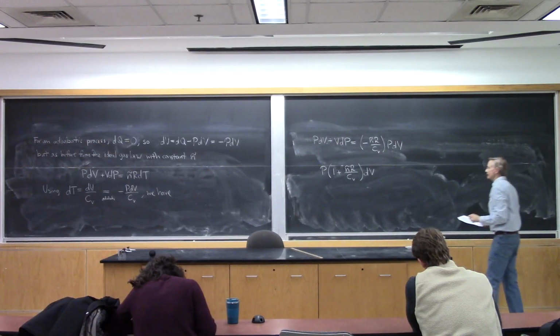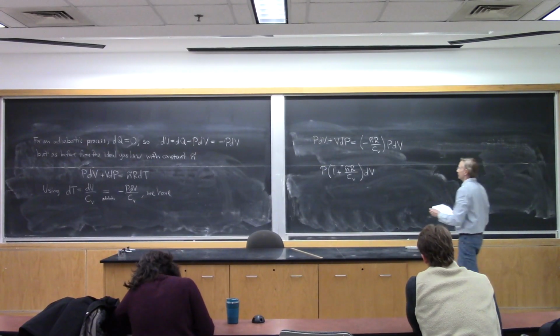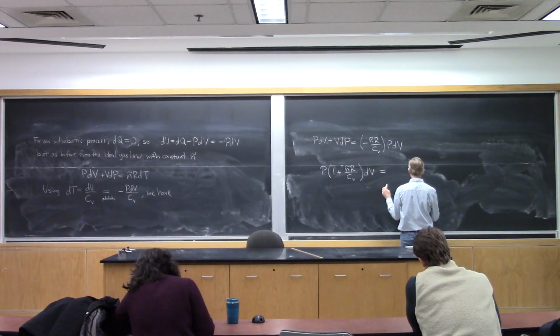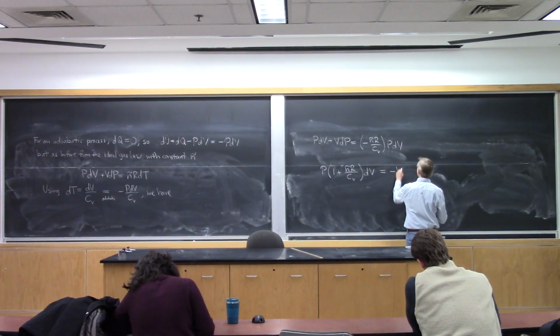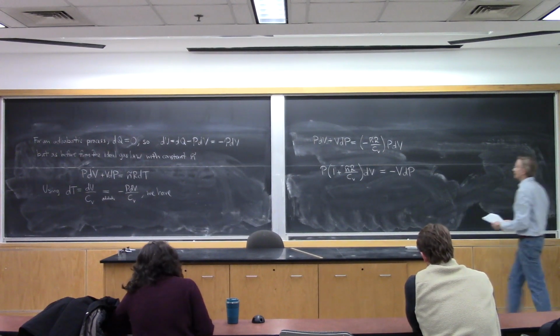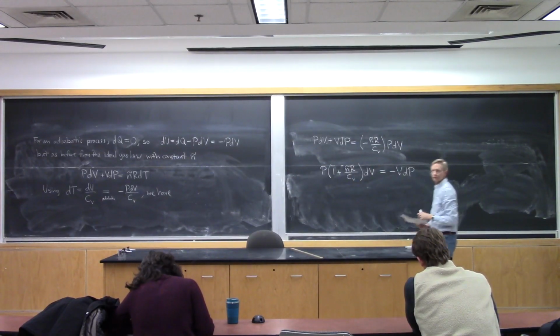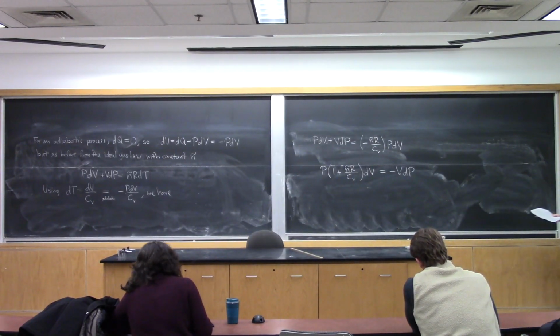So I'm putting all the dV terms on one side, and I'll move the dP term to the other, equals minus V dP. So just move the VdP to the other side. Just switch sides on those two terms.